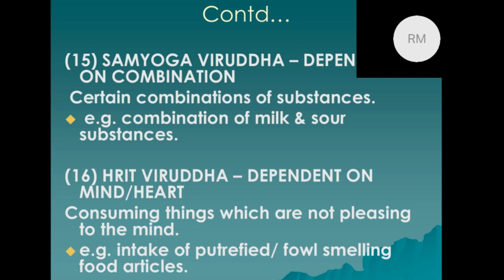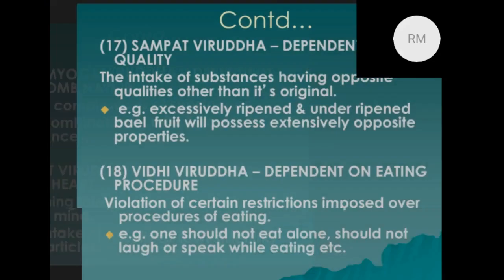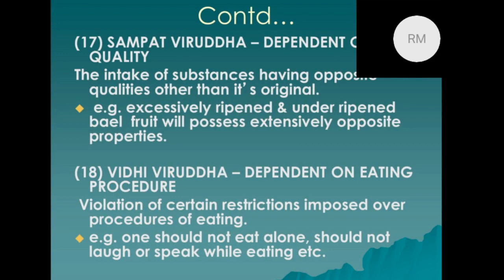And then there are two more. We must also use substances in the right stage of maturity, like unripe fruits and overripe fruits. These can be problematic. Inadequately ripened or overripened fruits can create problems, so they will possess opposite properties. Is this point clear?